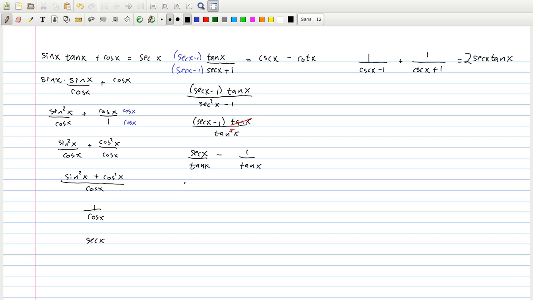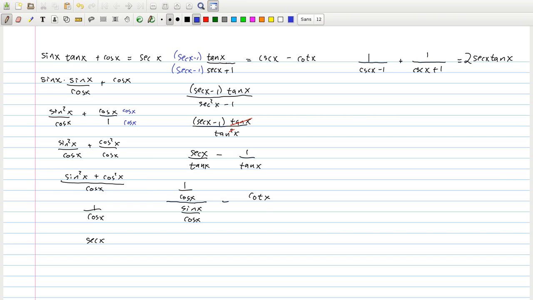So secant x is 1 over cosine x divided by tangent x, which is sine x over cosine x. For the second fraction, 1 over tangent x by our reciprocal identities is the same as cotangent x, which is good. That matches the second term that we're going for.